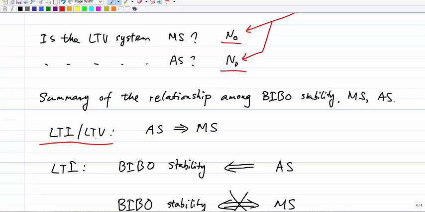For both linear time invariant and linear time variant systems, asymptotic stability means marginal stability, because the definition says the marginal stability only means a bounded initial condition excites a bounded state, while asymptotic stability imposes an additional condition. It says a bounded initial condition excites a bounded state, and also the state will go to 0 as t goes to infinity. So because this has an extra condition, the asymptotic stability is more stringent than the marginal stability, which means that asymptotic stability definitely means the system is marginally stable.